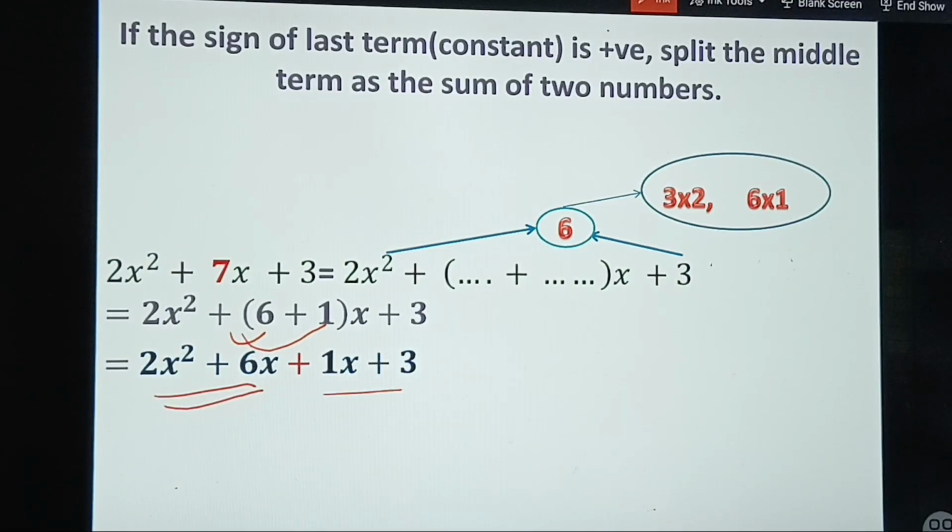First 2 and last 2 we have to take common. 2x is taken common and x plus 3 is left.